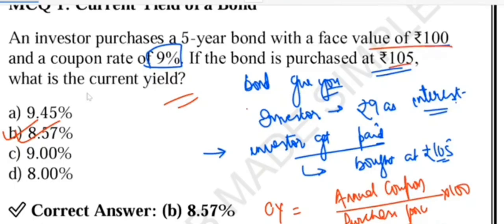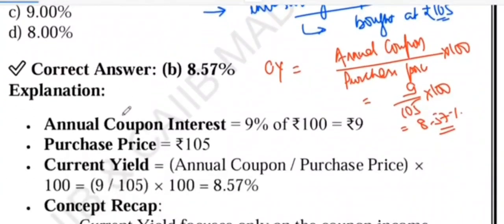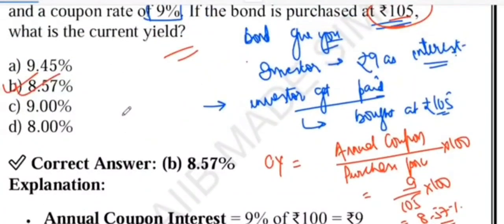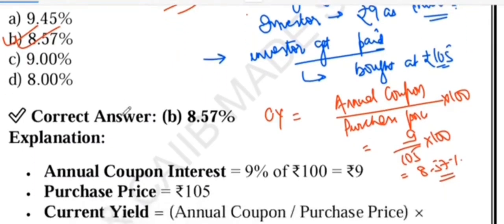We don't look at the face value, rather we compare with the market price of the bond. That is the crux of this particular question, and we get 8.57%. Now friends, let us go through each and every option. Option A says 9.45%. This would be correct if the interest was higher or the price was lower, obviously, right? Not applicable here. 8.57% is the clear answer.